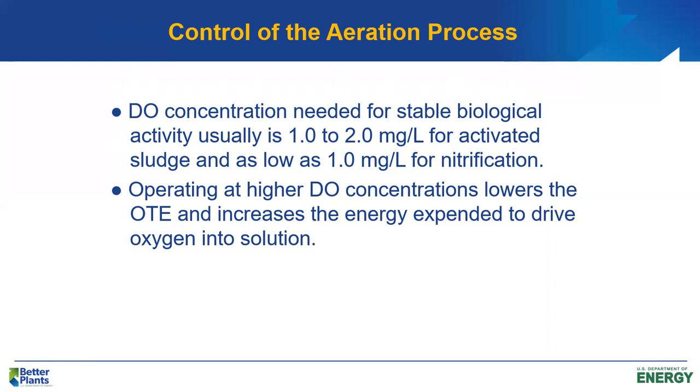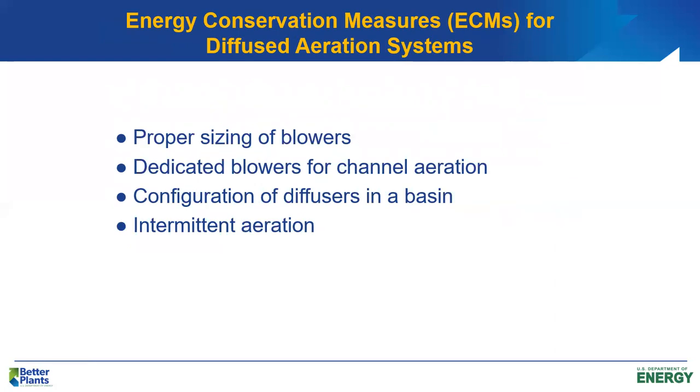And as long as we're maintaining about 1 milligram per liter, that should be adequate to biologically oxidize ammonia to nitrite and to nitrate. And operating at any higher DO concentrations is going to reduce the oxygen transfer efficiency of our aeration system. And we're going to need more energy to put oxygen into the wastewater. So it's very important that we control our operating DO concentration.